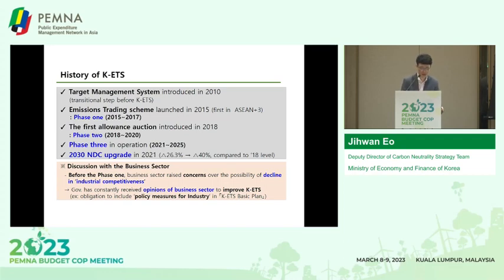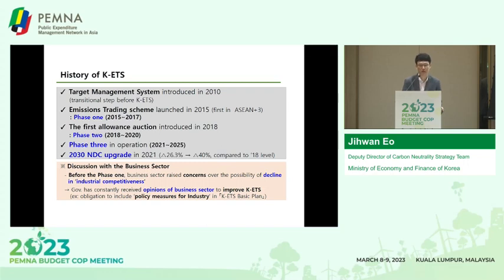Let me briefly introduce to you the history of K-ETS. After its first launch in 2015, the institution is now within its third phase. I will explain some major changes in the institution on the upcoming slide, but one of the main issues in running K-ETS has been the discussion with the business sector.